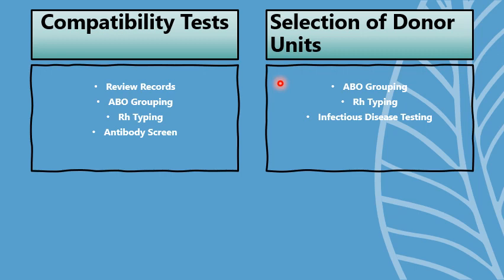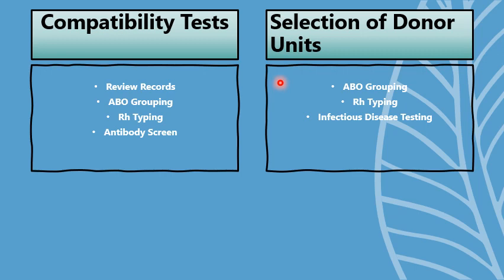So ano yung transfusion facilities? Which are the hospitals or any facility na nagtra-transfuse ng blood. So transfusion facilities should ensure proper labeling and testing of the blood unit by confirming the ABO grouping and RH typing.